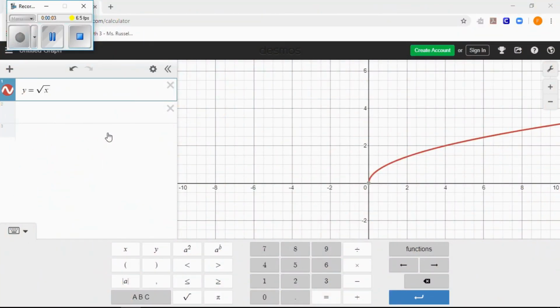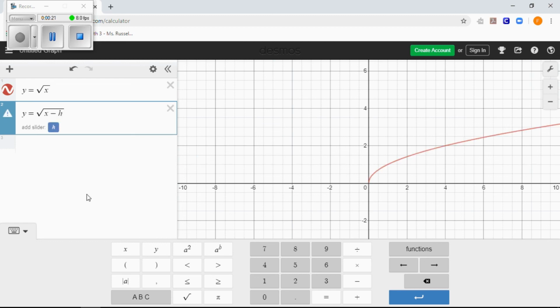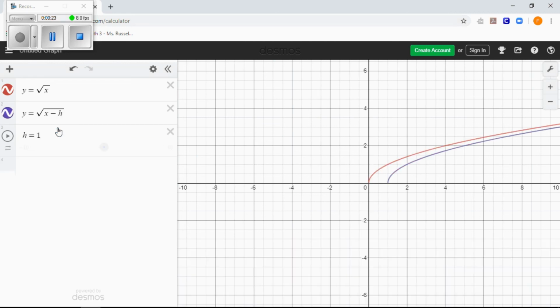I have my original equation typed into the first line, and this red line is the graph of y equals the square root of x. Let's investigate horizontal shift. So y equals the square root of x minus h. All right, I'm going to put in a slider so we can see what happens.